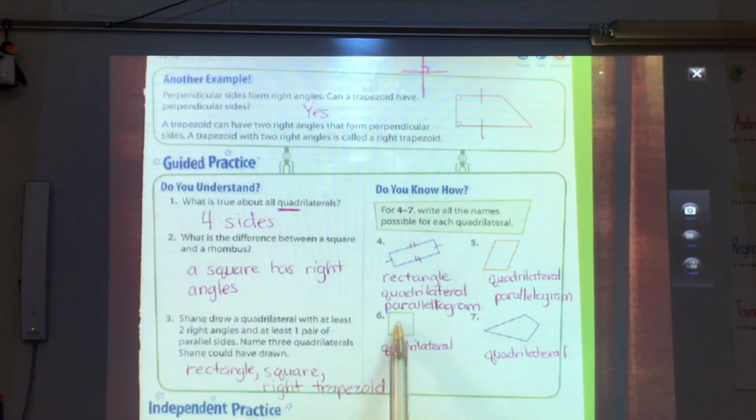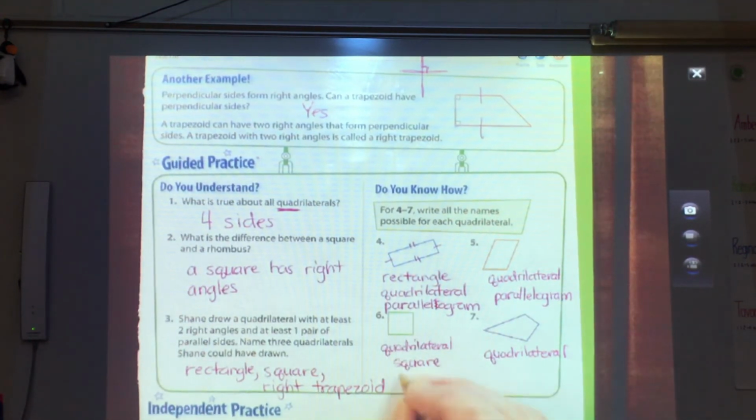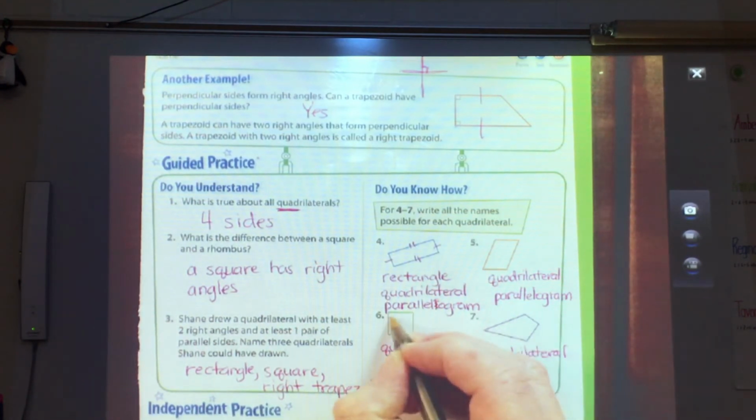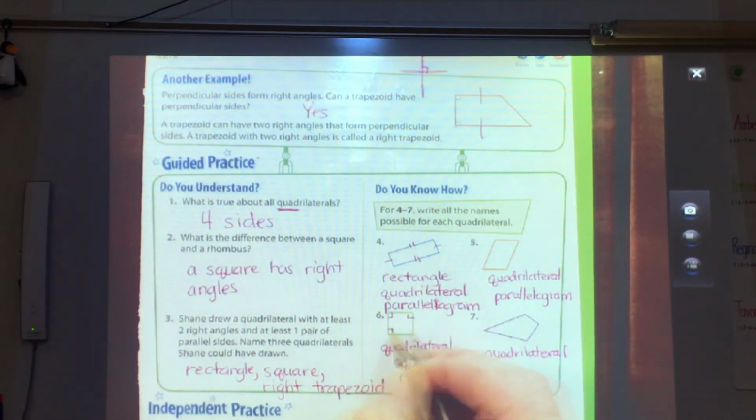Next we have our square, so it's definitely called a square. It has 2 sets of parallel sides, so it's a parallelogram. And it does have the 4 right angles with the 2 sets of parallel sides.